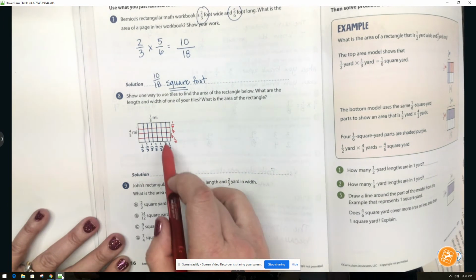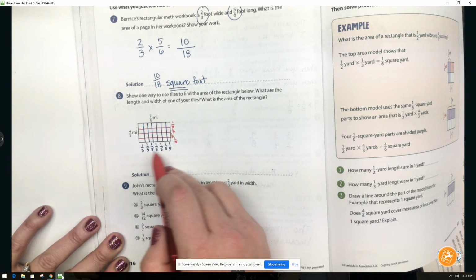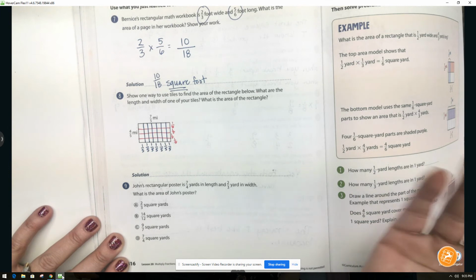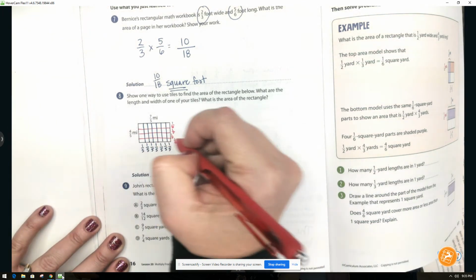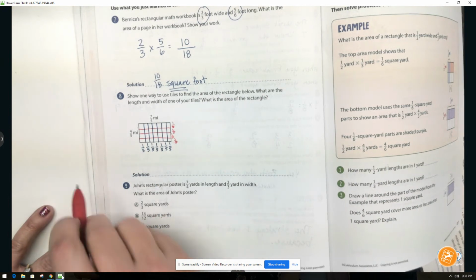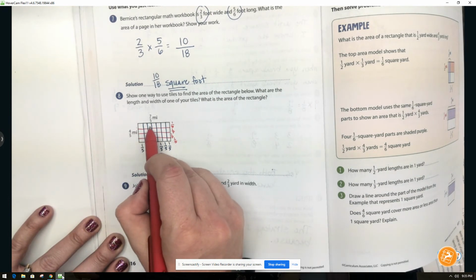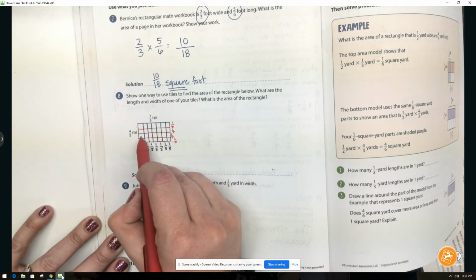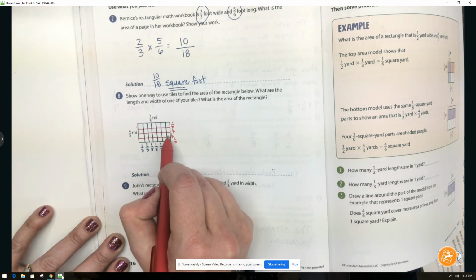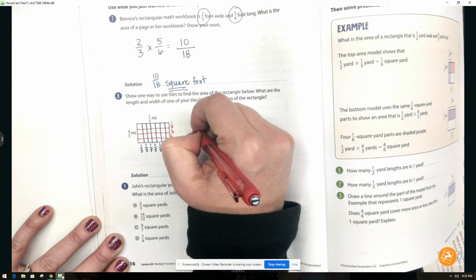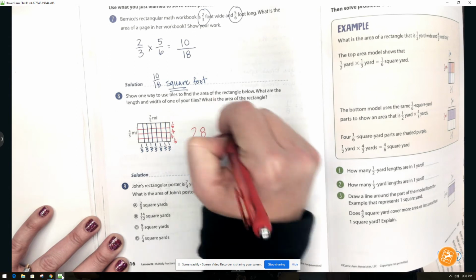So now we know how many fifths we have altogether. That's a lot of fifths. So we need to figure out how many sections we have. Let's count. 1, 2, 3, 4, 5, 6, 7, 8, 9, 10, 11, 12, 13, 14, 15, 16, 17, 18, 19, 20, 21, 22, 23, 24, 25, 26, 27, 28. We have 28 tiles.